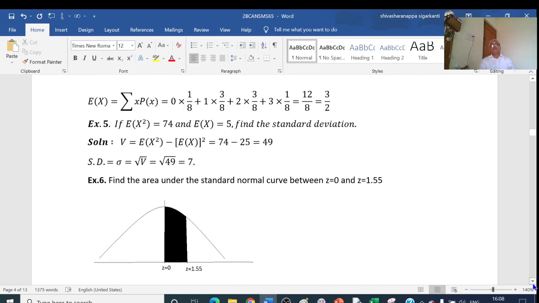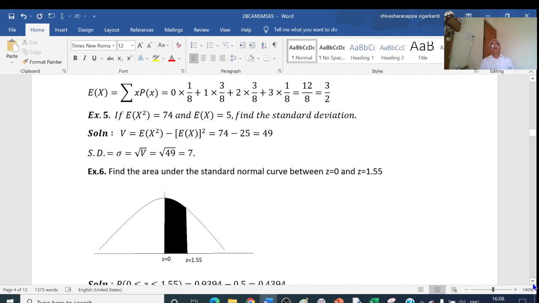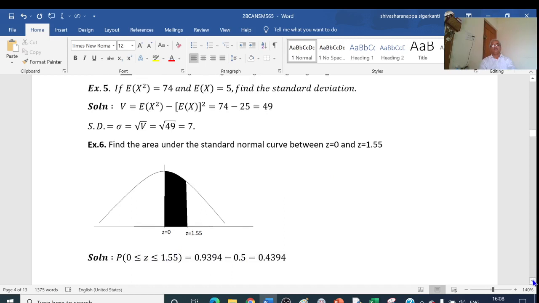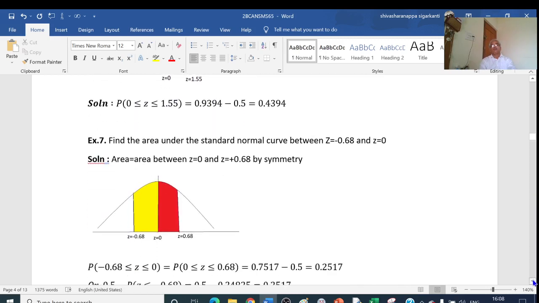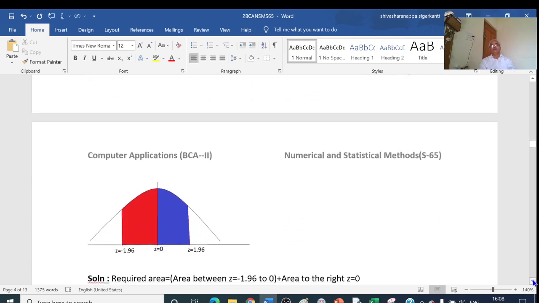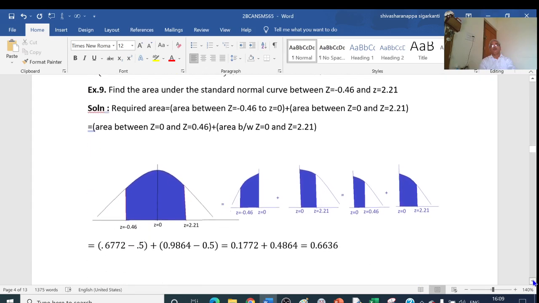And next question, E of x square is given, E of x is given, we have to find out the deviation. So first we have to find out the variance and then we find the standard deviation. Find the area between. If you draw this figure, then you will get 1 mark, and the final answer you will get 1 more mark. These are also similar questions, the same type of questions.